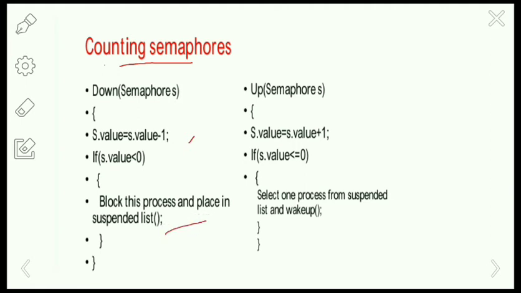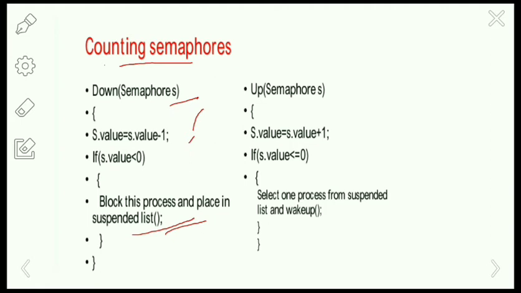Okay, so if the semaphore value is positive, then it is going to perform the decrement operation. And if suppose the semaphore value is less than 0, that means if it is a negative value, then it is going to block the particular process and place it in the suspended queue.